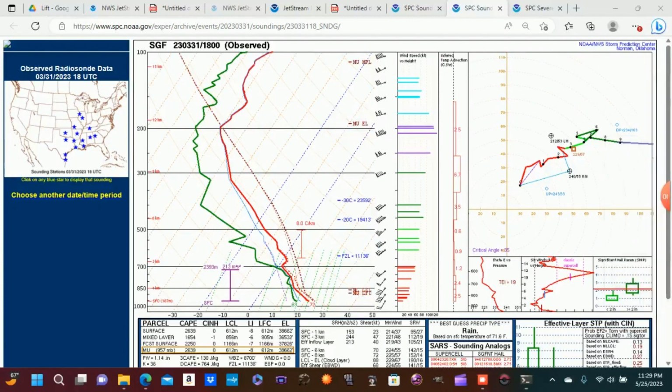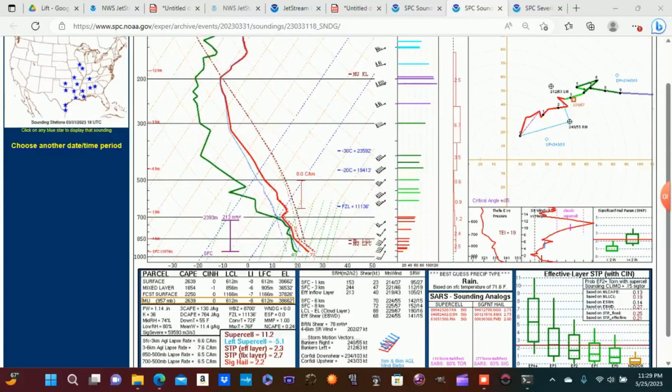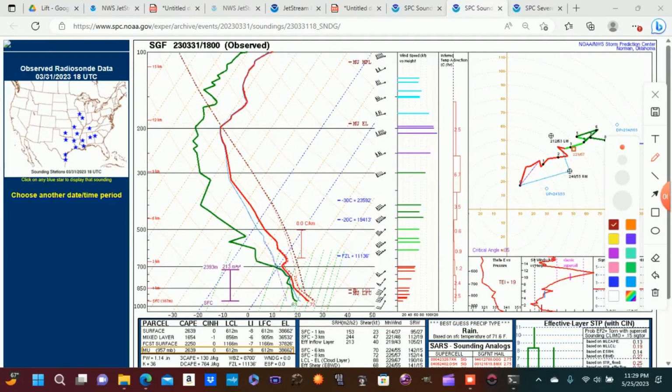So let's go over the distribution of CAPE. The distribution of CAPE can impact the kind of severe weather hazards that we'll see. For tornadoes, we want to see strong low-level instability, and we can see that by looking at our 3-kilometer CAPE. You see that here. This number tells us how much CAPE is accumulated in the lowest 3 kilometers of the atmosphere.